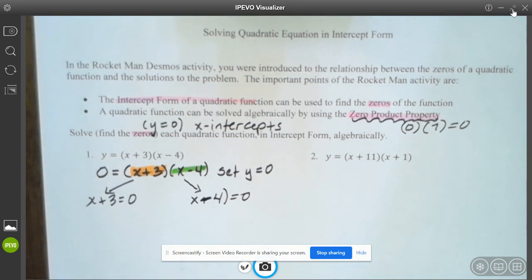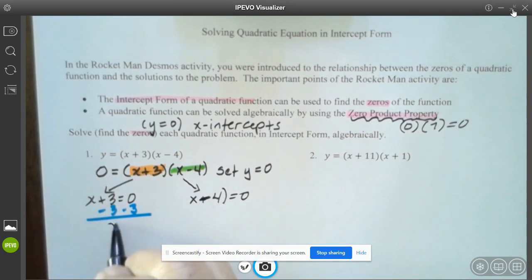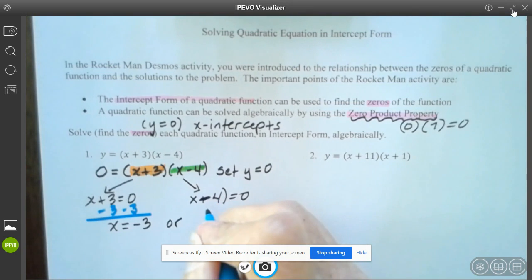If I want to know what value x needs to be in order for this first parenthesis to be 0, I'm going to solve. So I'm going to say minus 3. And then from there, we simplify. x equals negative 3. That's one of my zeros. Or let's solve this one. Add 4.